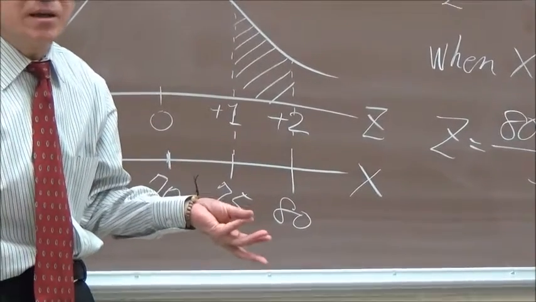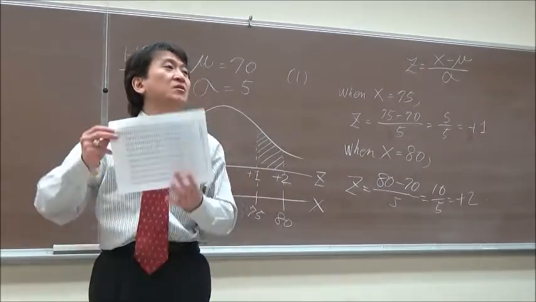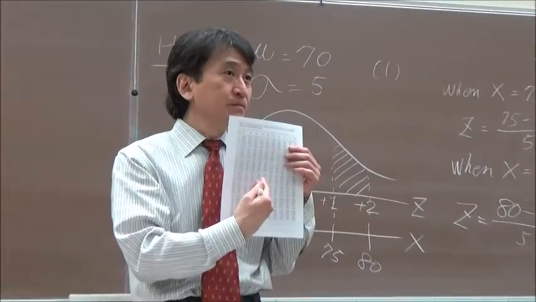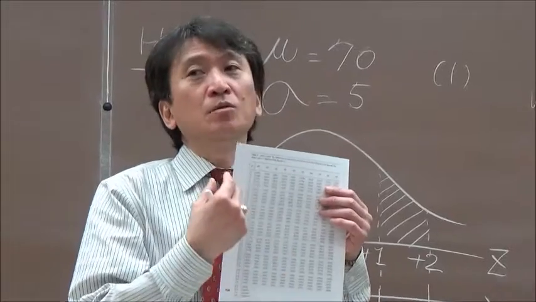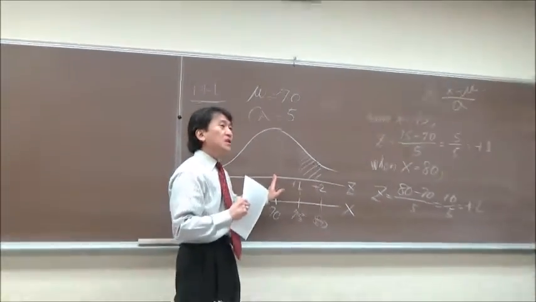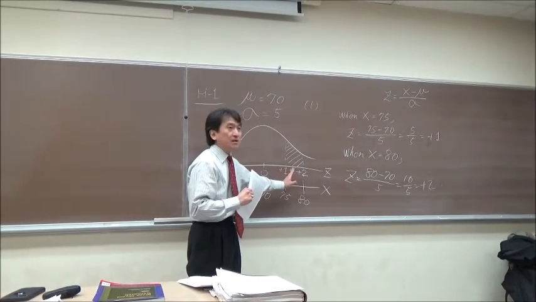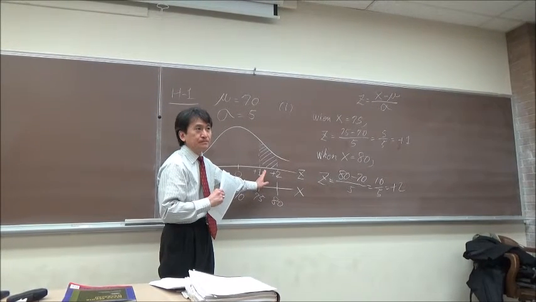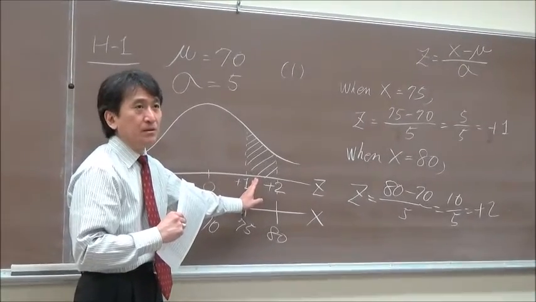Do you understand what I'm getting at? Okay. This table starts with 0. Remember? All probabilities are associated with z-scores between 0 and something on the positive side. With me so far? Okay.